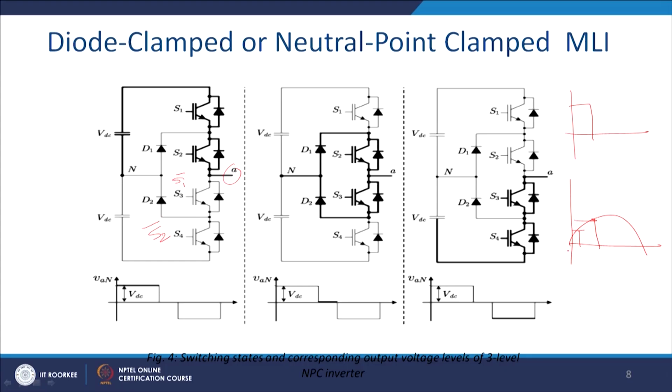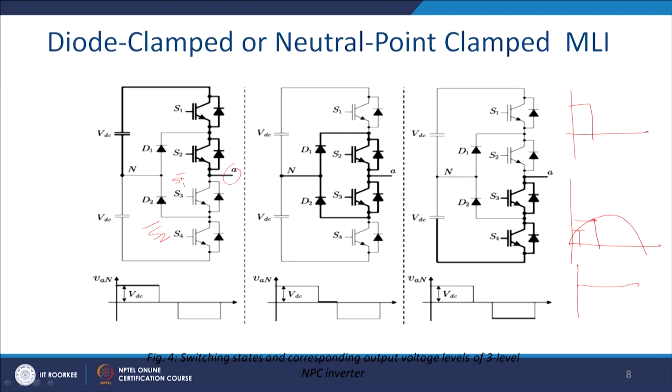Otherwise, voltage and current both will be positive. Only in a STATCOM are they 90-degree phase shifted, so there is a challenge, because when the voltage is at its peak, the current is 90 degrees phase shifted. Otherwise, current and voltage will be in the same direction, and that is what generally happens.